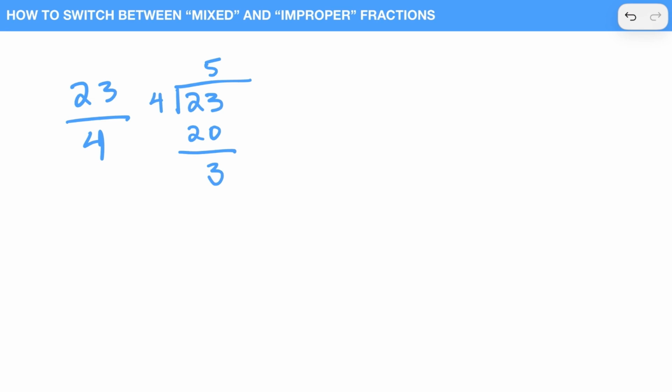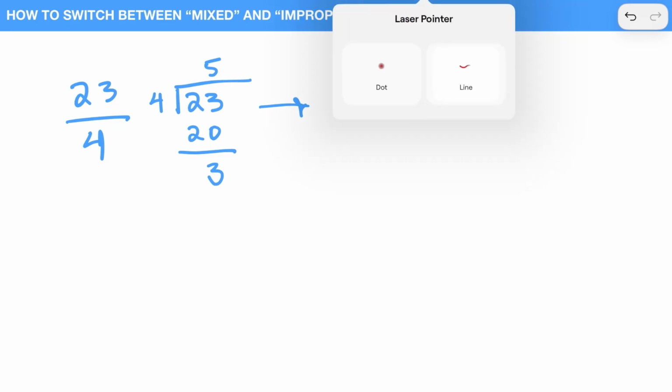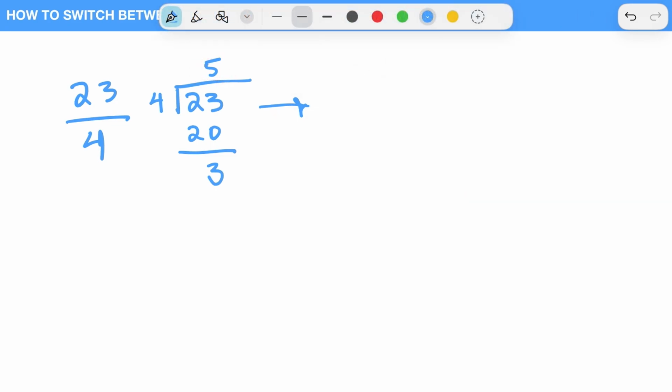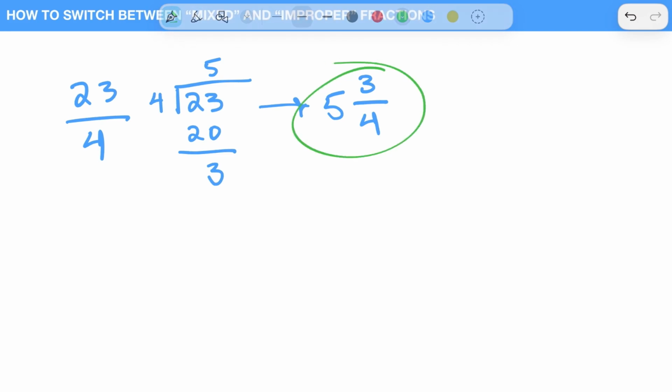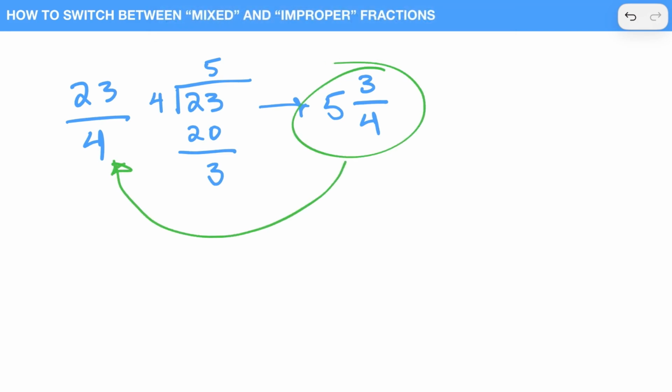What this is saying is that I can write this as 5 plus, or using our mixed fraction notation, that remainder 3 over 4. This right here is the same thing, just written as a mixed fraction or a mixed number.